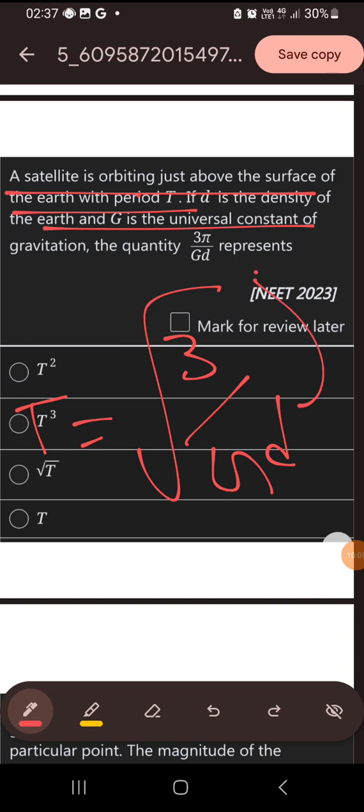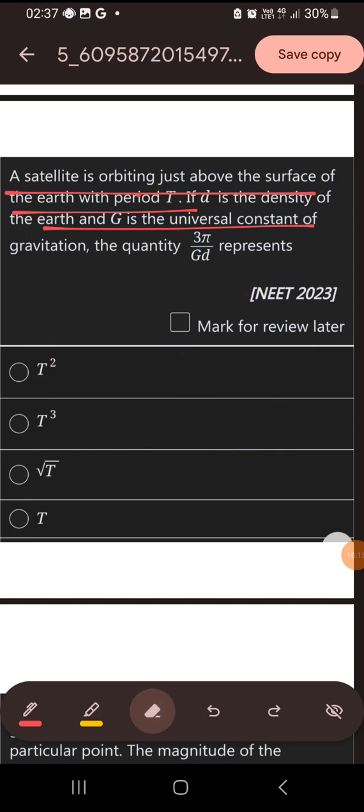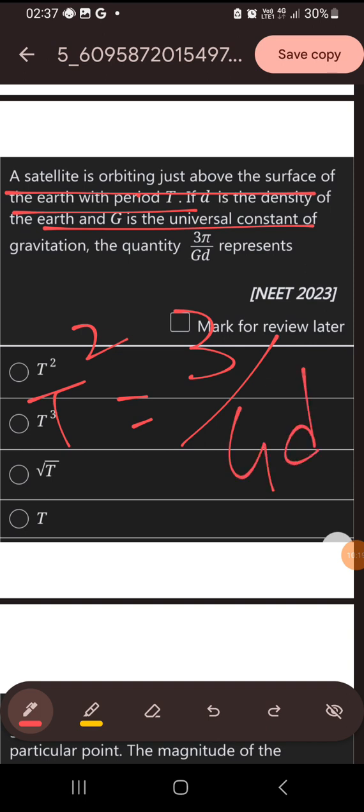So this is almost similar. So when we move the square root here, T square is equal to 3 by Gd. So almost similar, no? So option A will be our correct answer, that is T square.